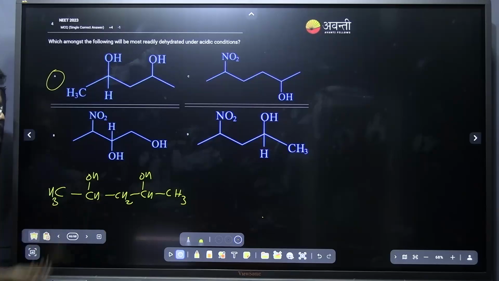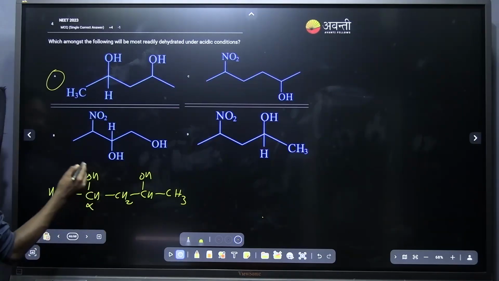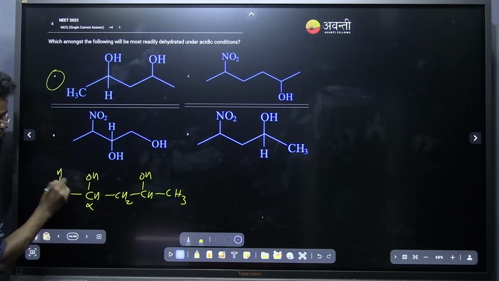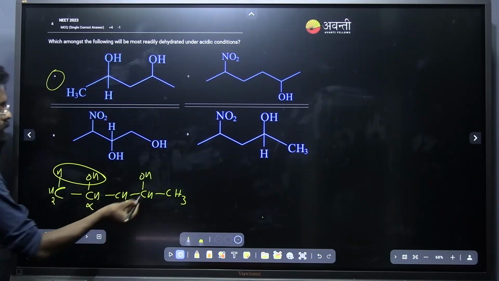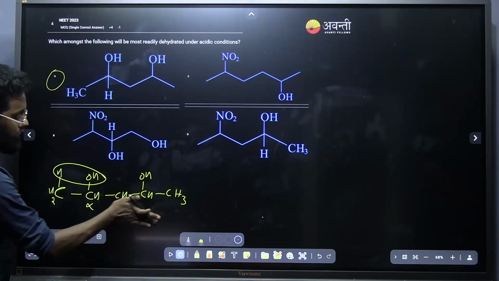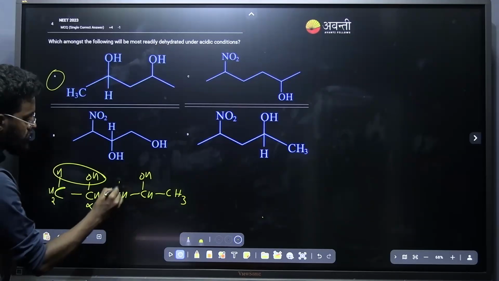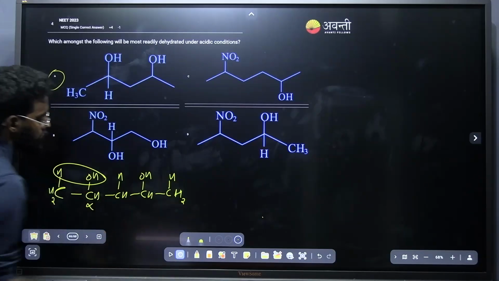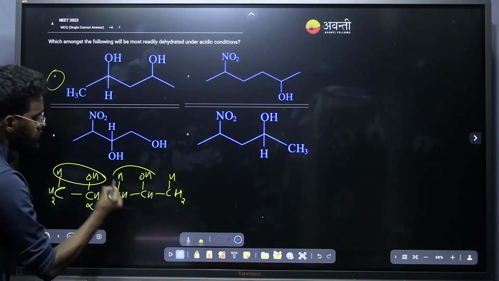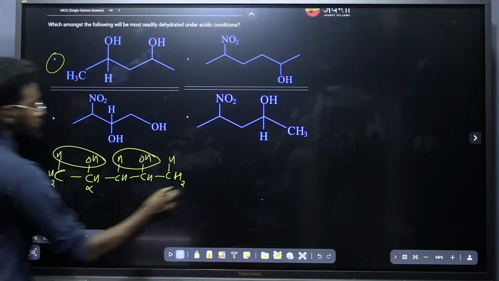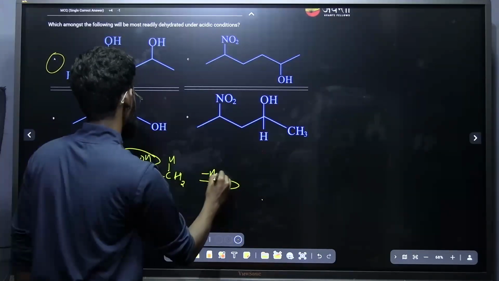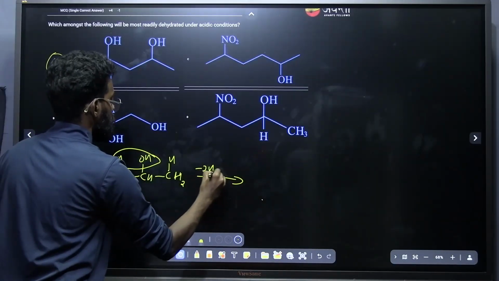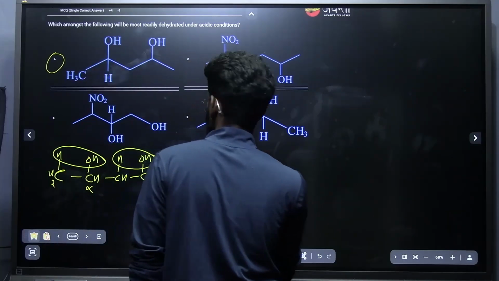Alpha beta: OH from the alpha position and hydrogen from the beta position will be eliminated. Here one more OH group is there, and it has one more beta hydrogen. Now where will it eliminate? It will eliminate in this way. What is the reason? Because on elimination here we will be getting an alkene which is in conjugation.